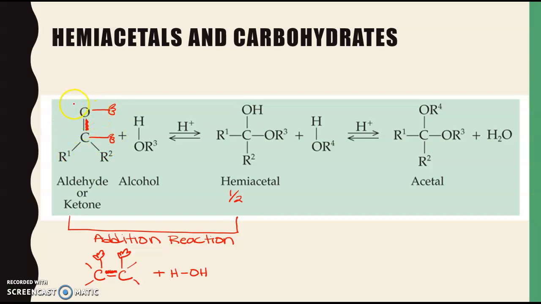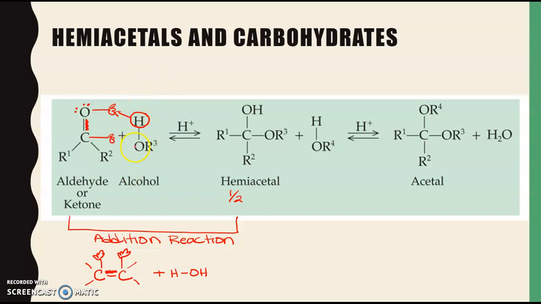And this oxygen, you may remember, has two lone pairs, and we have a tendency to have 8 valence electrons. So jazz hands: the oxygen grabs the hydrogen, and that creates this hydroxyl group right here. And the carbon grabs what's left of the alcohol, the oxygen single bonded to the carbon group.